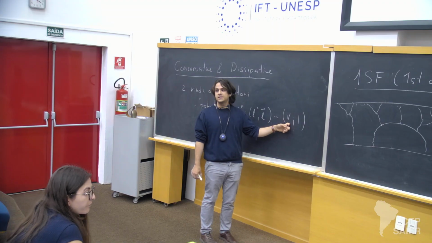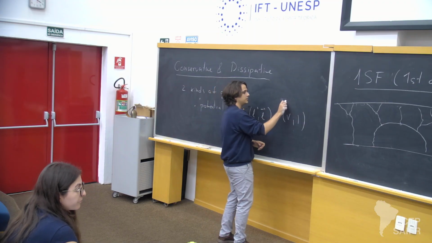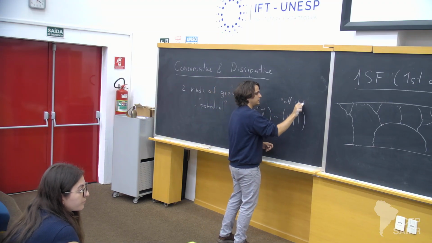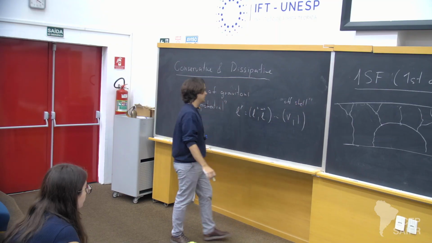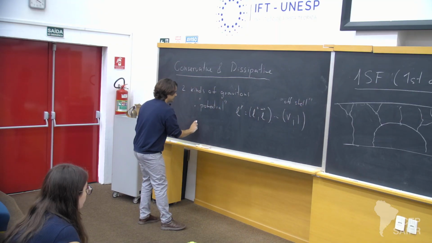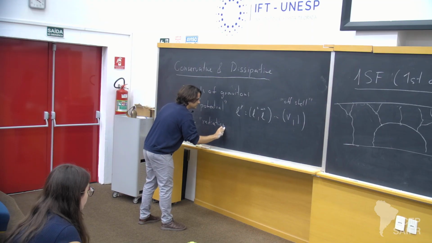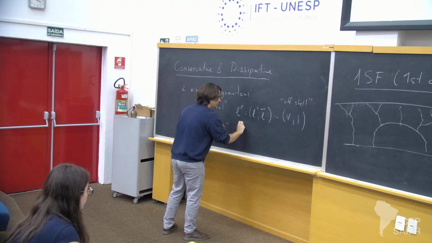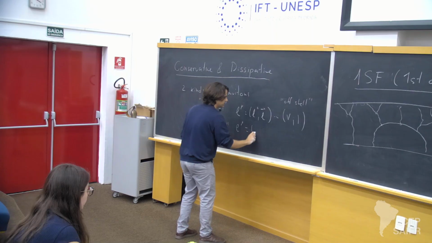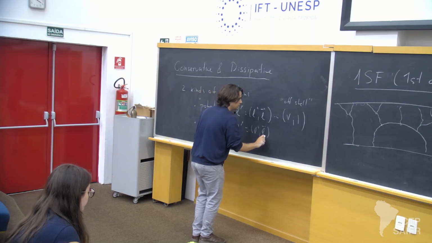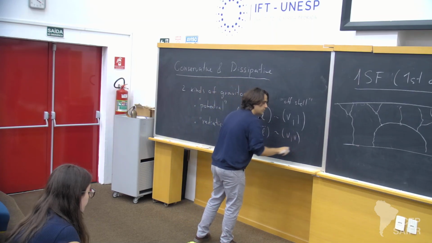So if v is very small, this one is off-shell. And there are also radiation gravitons, where both components are suppressed by the velocity.